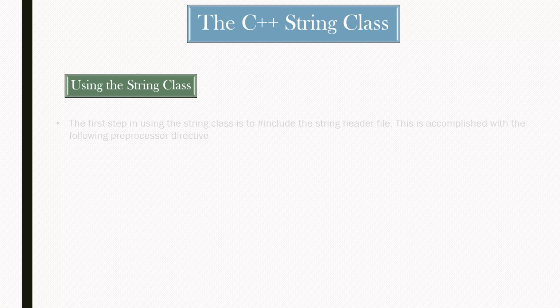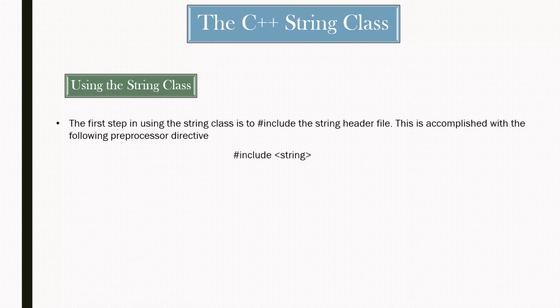So how do you use the string class? The first step in using the string class is to #include the string header file. This is accomplished with the following preprocessor directive. The next step is to define a string type variable, named a string object. Defining a string object is similar to defining a variable of primitive type.